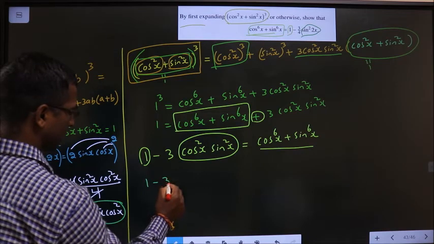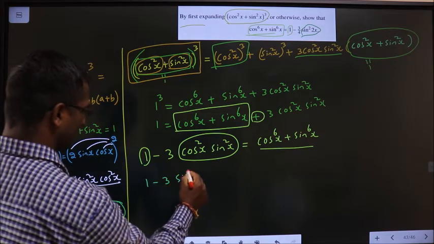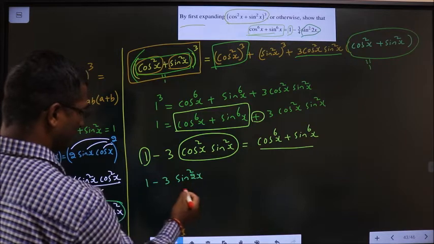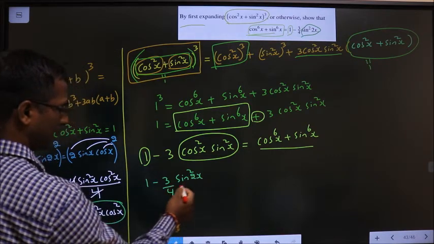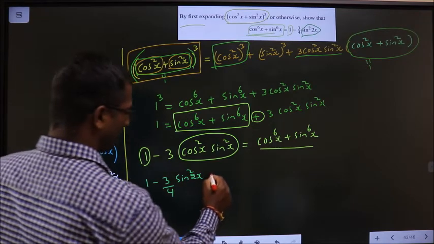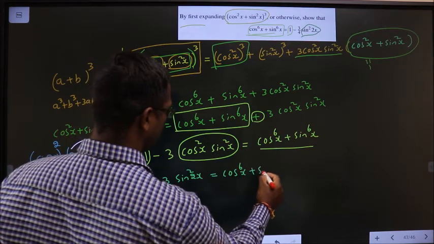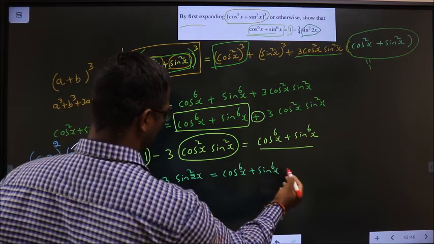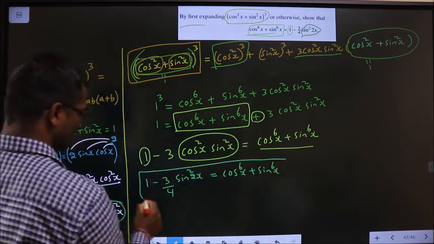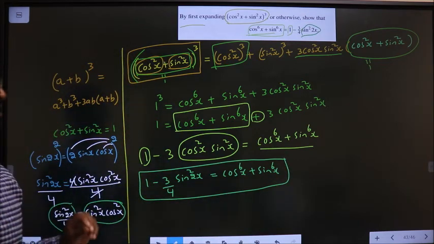So 1 minus 3 times cos²x sin²x, which is sin²2x by 4, whether I write by 4 here or there it is the same, is equal to cos⁶x + sin⁶x. This is what we had to show and we have shown. Clear?